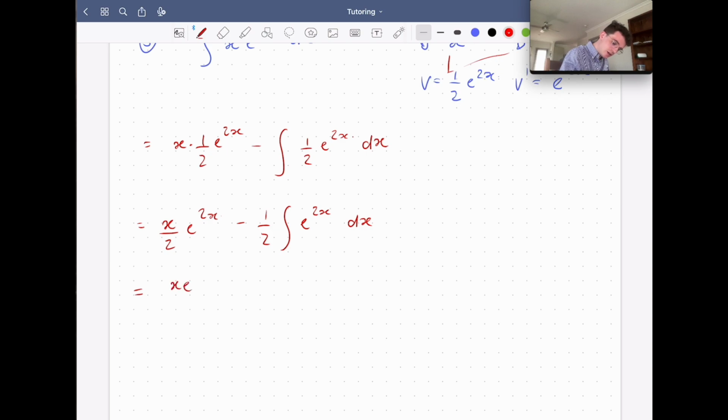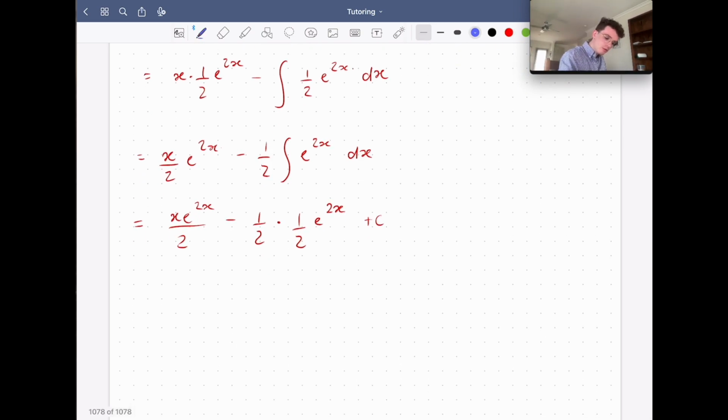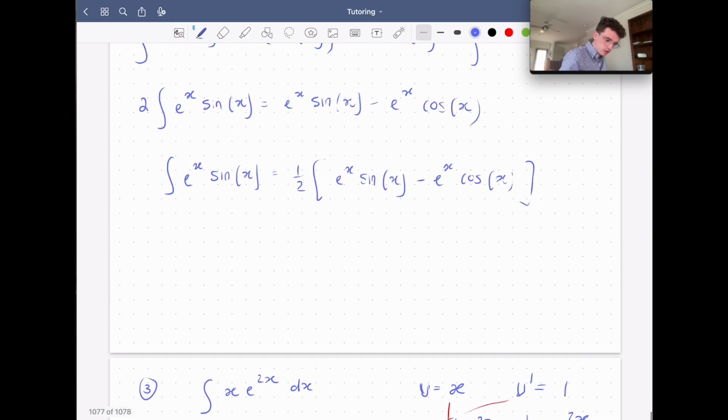So we've got x e to the 2x on 2 minus 1/2 times 1/2 e to the 2x plus c. So hopefully we should know those halves are going to combine. We're going to have x e to the 2x on 2 minus 1/4 e to the 2x plus c. I bet you I forgot the plus c in the other example. I did. Plus c.